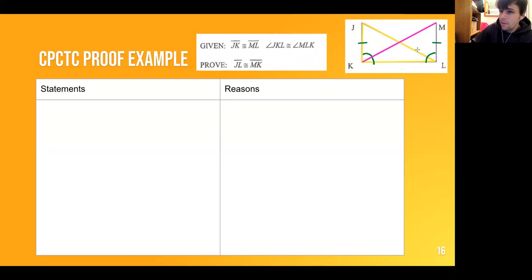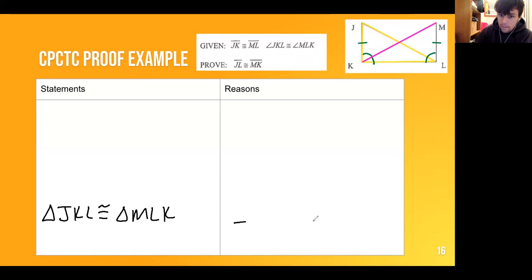And the only way that those are going to be equal is if we're dealing with those bigger triangles. So we're going to be trying to prove, kind of right before the end here, that triangle JKL is congruent to triangle MLK.